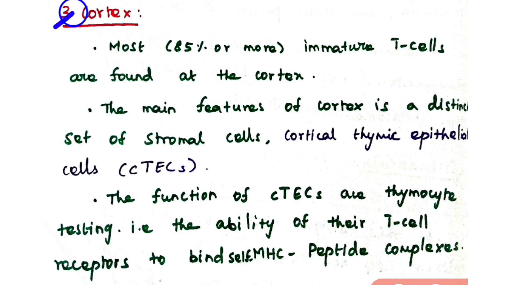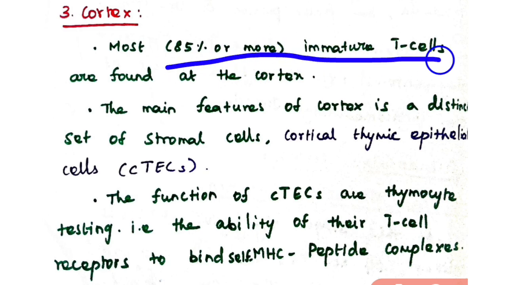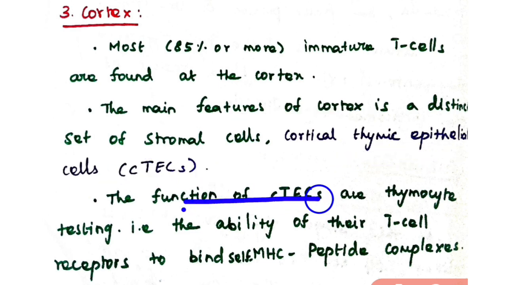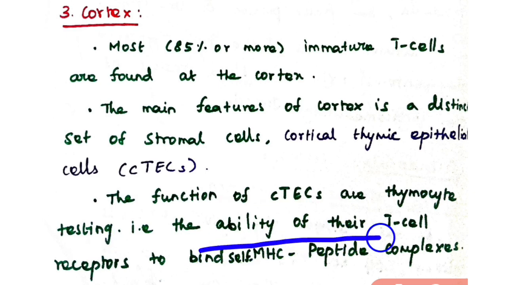Next, let's see the events that take place at the cortex. Most, 85% or more, of immature T cells are found at the cortex. The main feature of this cortex is that it has a distinct set of stromal cells known as cortical thymic epithelial cells. The function of these thymic epithelial cells is thymocyte testing. It will test the ability of the T cell receptors to bind with self-MHC peptide complex.